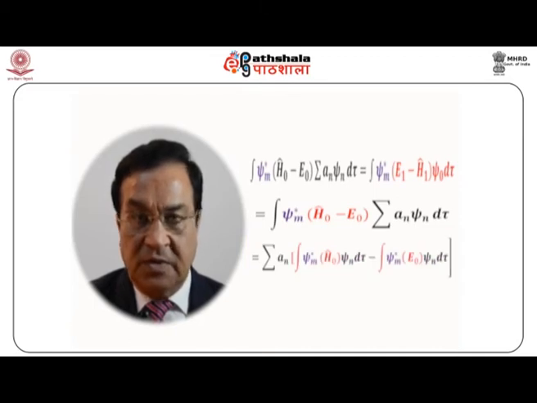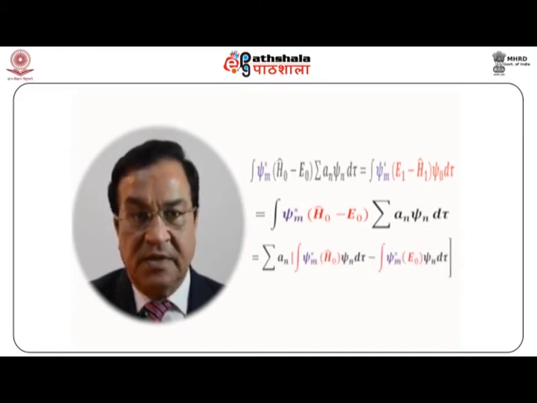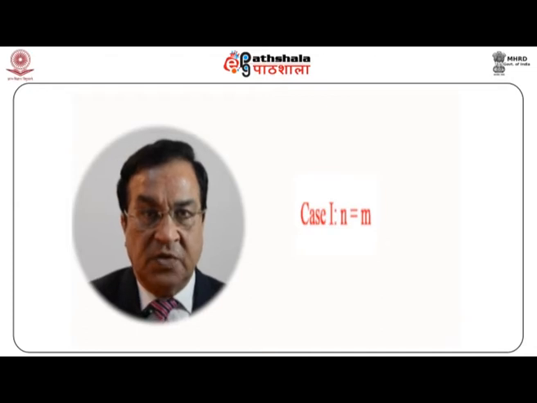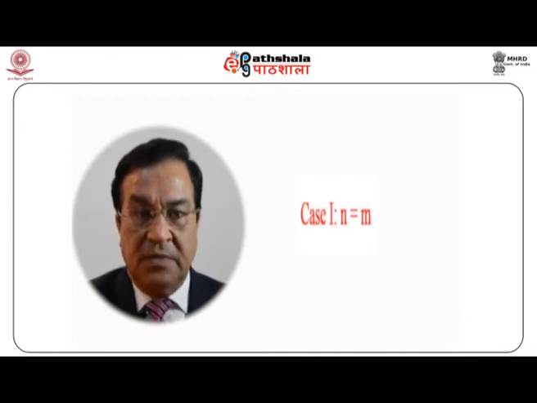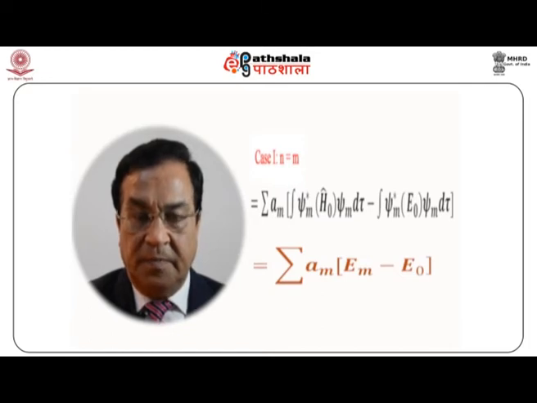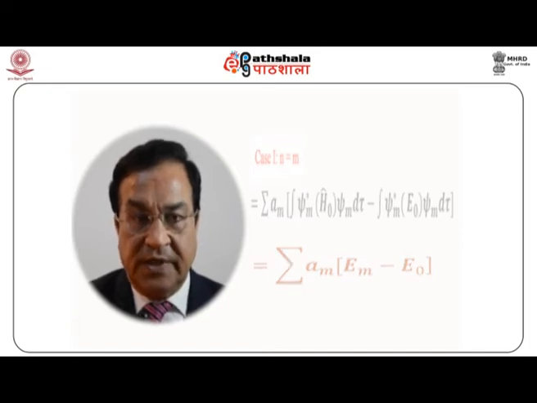Here also various cases arise. Case 1, when n is equal to m. In this case, this equation becomes summation a m (E m minus E0), and that is equation 23.